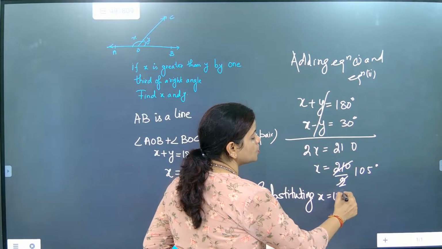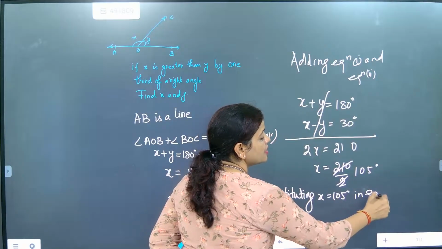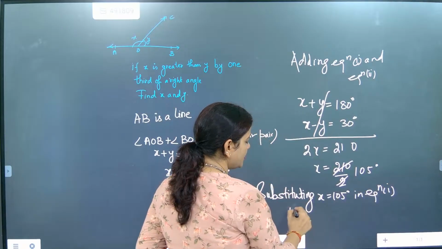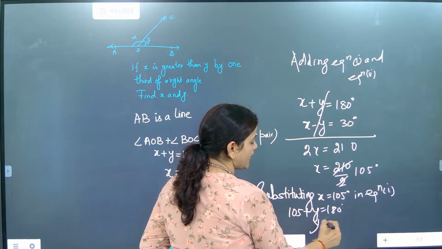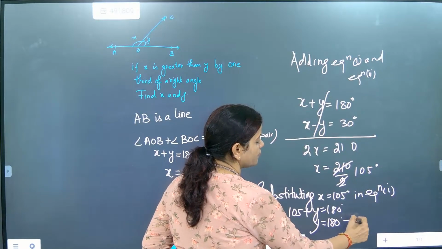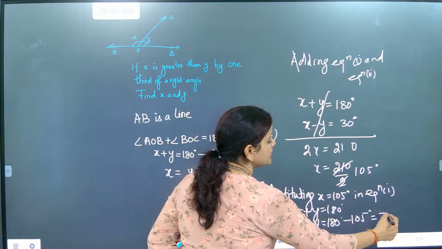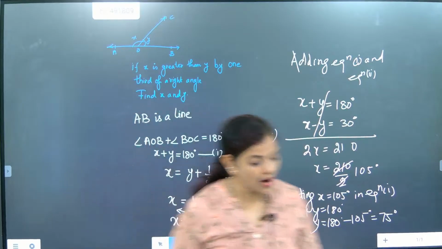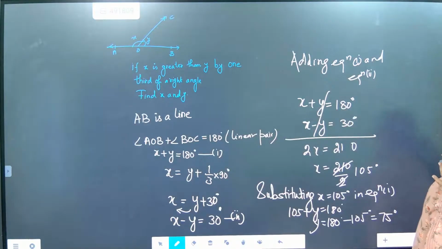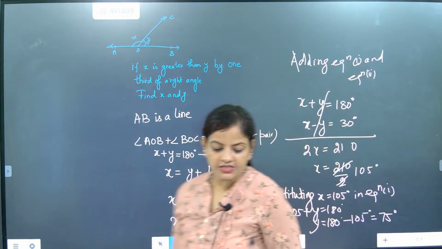Substituting x is equal to 105 degree in equation 1: 105 plus y is equal to 180 degree. So y is equal to 75 degree. So the two angles x and y are 105 and 75 degree.